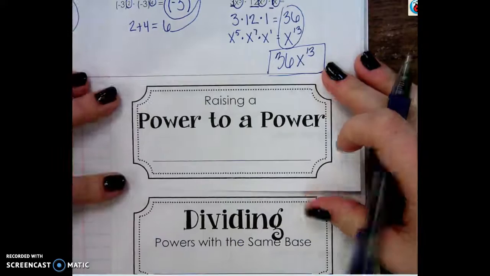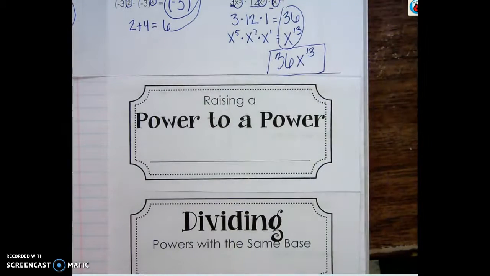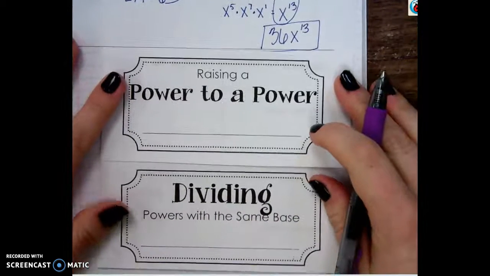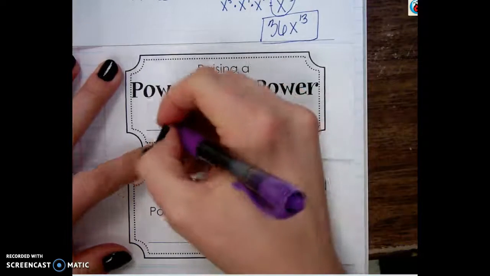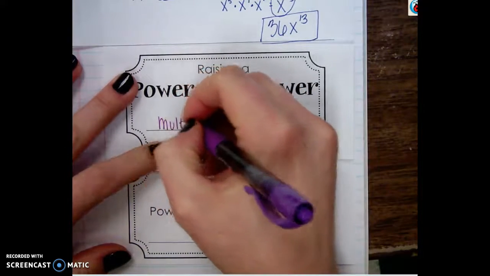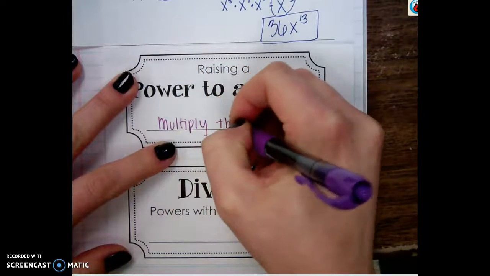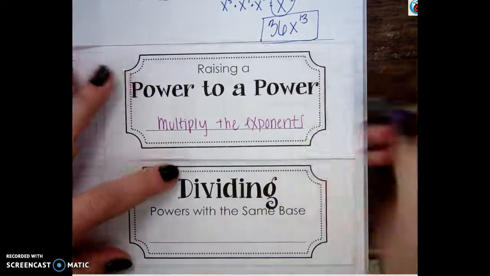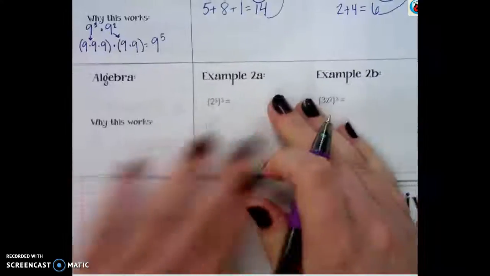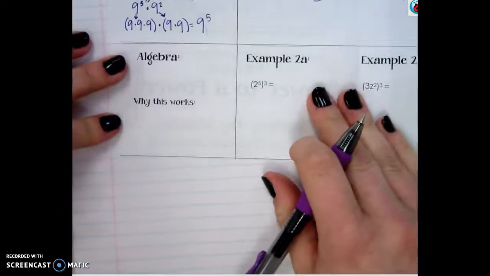Raising a power to a power is the next thing that we're going to look at, which is a little bit different. All right, we have a rule yet again. Our rule for raising a power to a power is to multiply the exponents. So algebra, why it works.